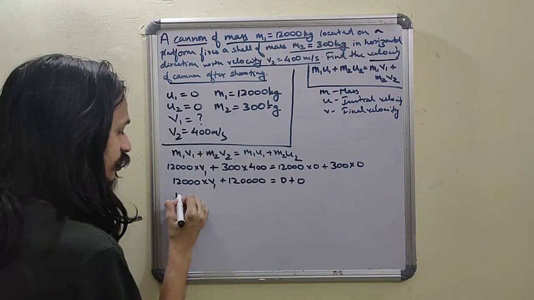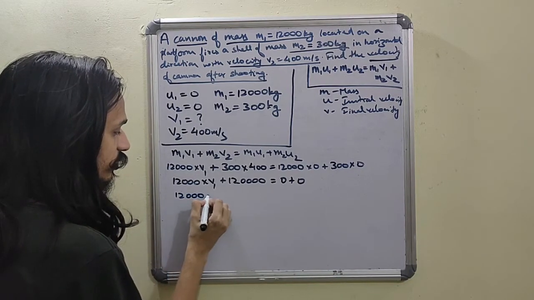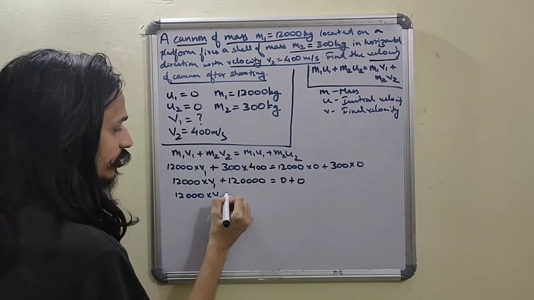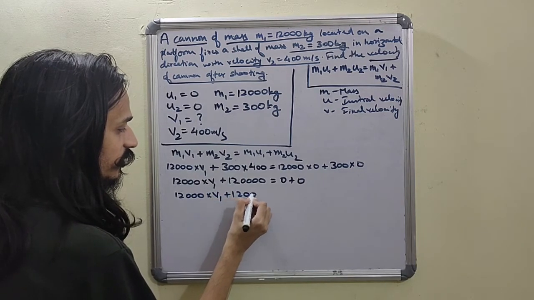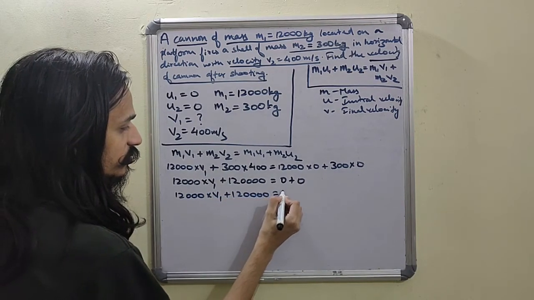Right, so I can say 12,000 into v1 plus 1,20,000 equals 0.